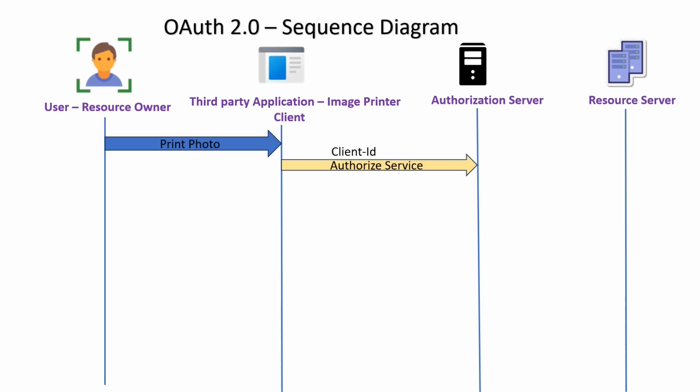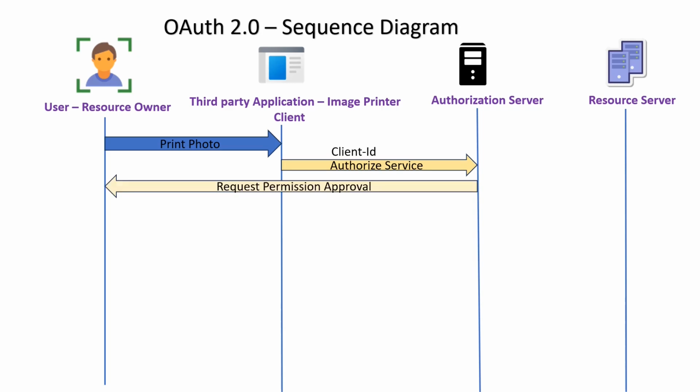It will pass the client ID as well, because ultimately the auth server knows the client or user, not the third-party application. So whenever it sends a request for authorization, it will send the client ID and a few other things also.